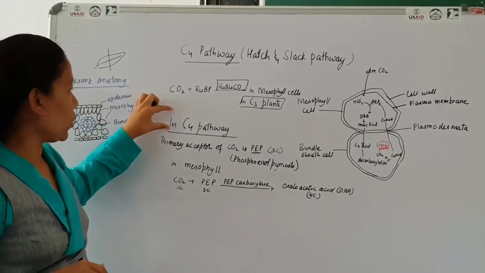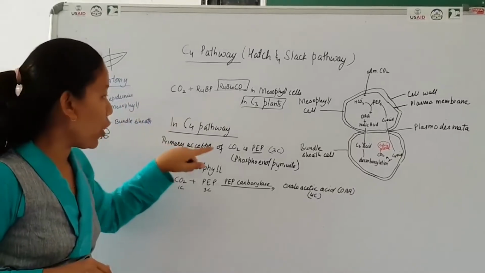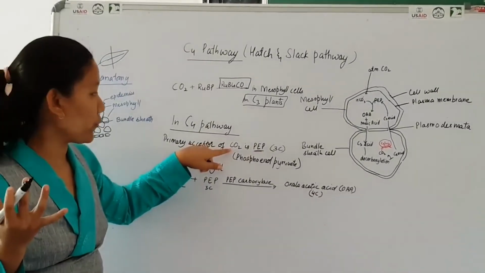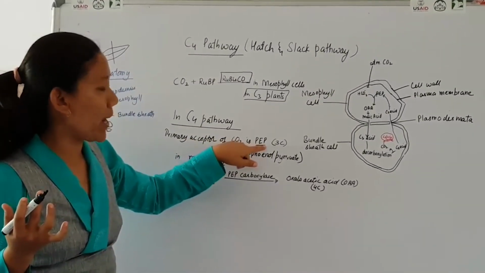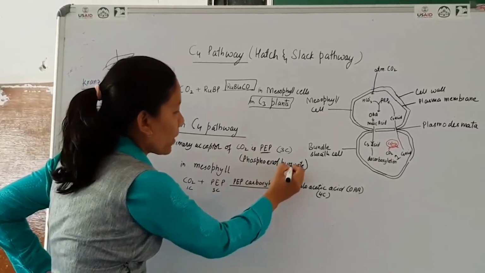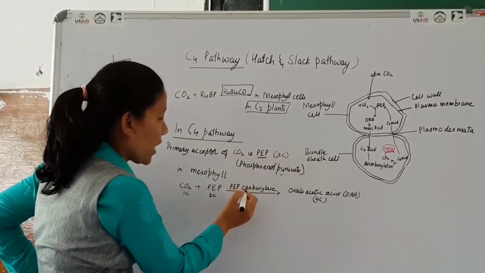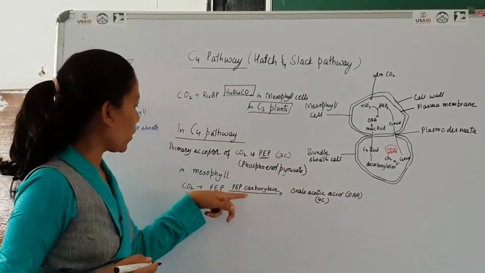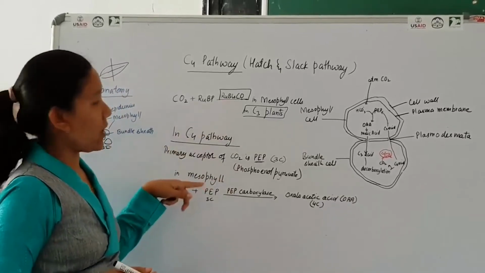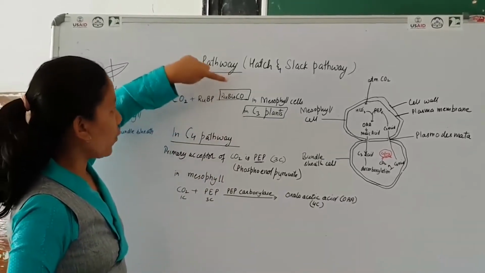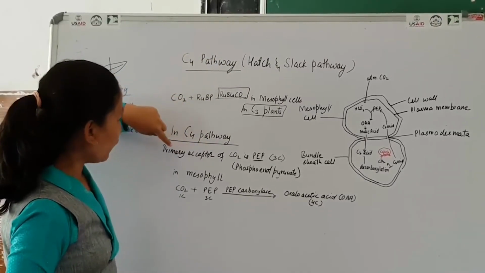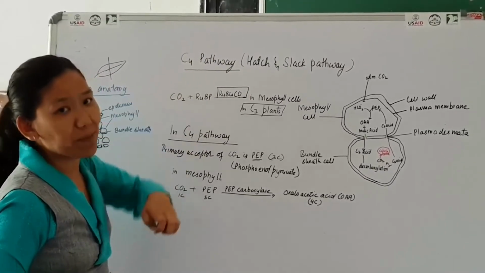So in the C4 pathway, the primary acceptor of carbon dioxide, which is trapped from the atmosphere, is phosphoenol pyruvate, and it is catalyzed by phosphoenol pyruvate carboxylase. Okay, so in this mesophyll tissue, RuBP is absent, unlike that of the C3 plant, whereas the mesophyll contains rubisco, but in the case of mesophyll in the C4 plant, rubisco is absent.